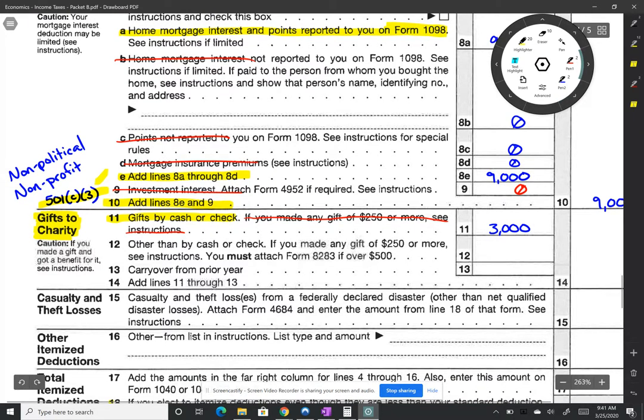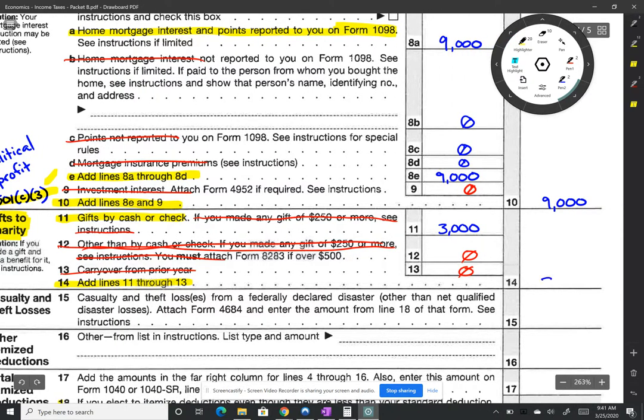We're not going to have them make any other gift. So line 12 says, other than by cash or check. No, we're not going to worry about that. Okay. Carryover, no, we're not going to worry about that. So those are going to be 0, right? Line 14, add lines 11 through 13. So we add them, and they're $3,000 there.